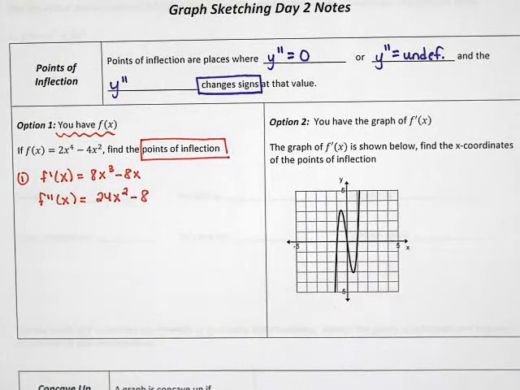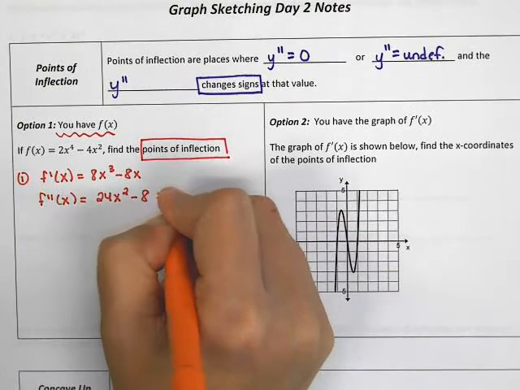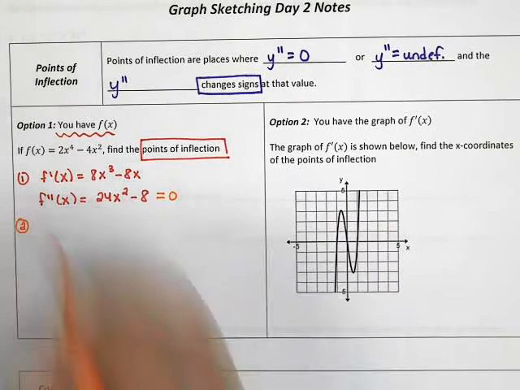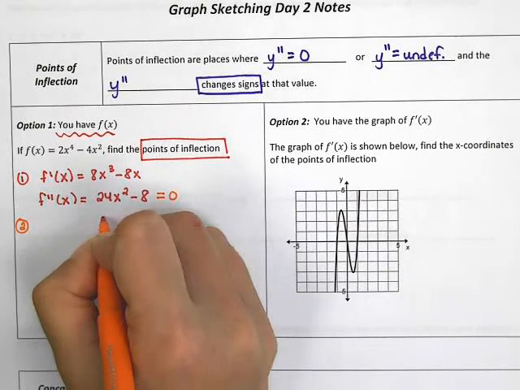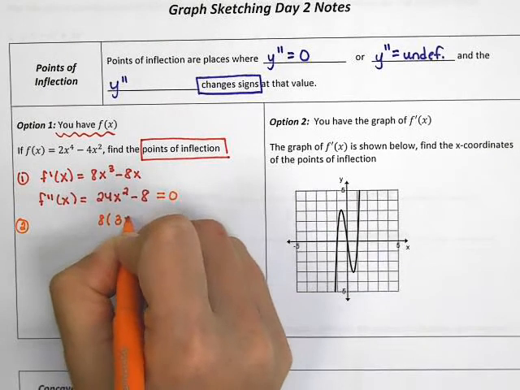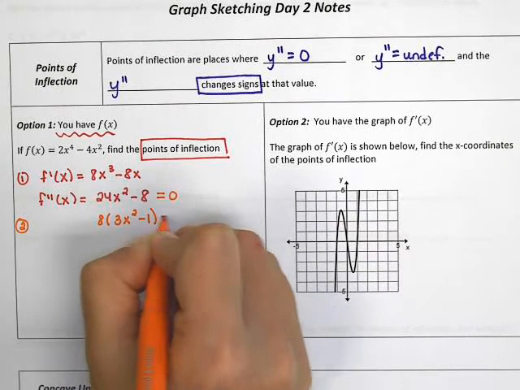Now again, I want my derivative to be equal to 0 or undefined. So in order to see where my derivative would be 0 or undefined, my second step would be to make that equation equal to 0 and solve it. In this case, I would factor out an 8, and I would get 3x squared minus 1.